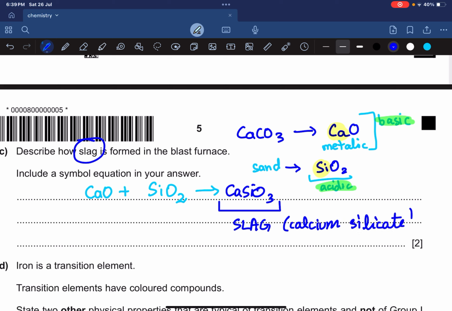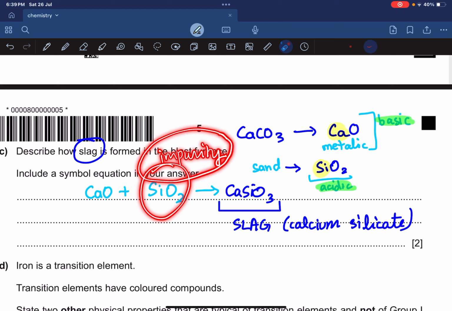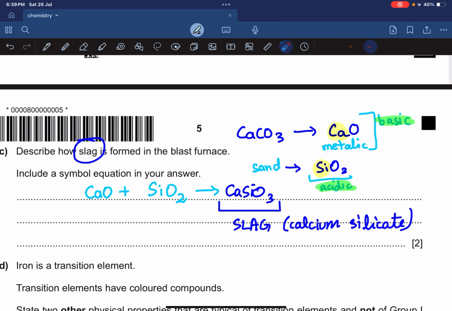And your SiO2, which is your silicon dioxide, is the impurity in your iron ore or hematite, and that's how you remove the impurity. You make the silicon dioxide react with your calcium oxide to form calcium silicate, which is your slag. Okay, I hope you get this thing.